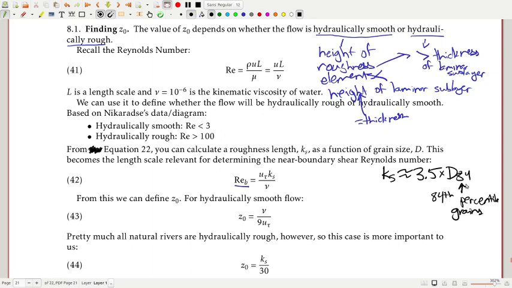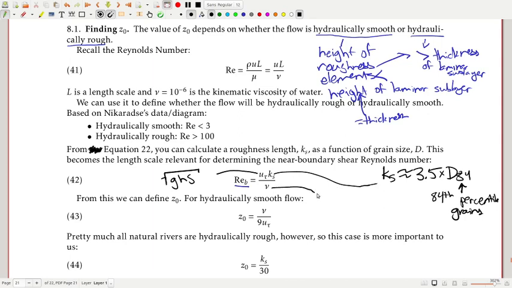And we use the D84 because it's these larger grains that are really protruding into the flow and causing a lot of the roughness. So we can calculate this boundary Reynolds number as U sub tau, which, remember, in steady uniform flow is the square root of g h S, times K sub s, over the kinematic viscosity.